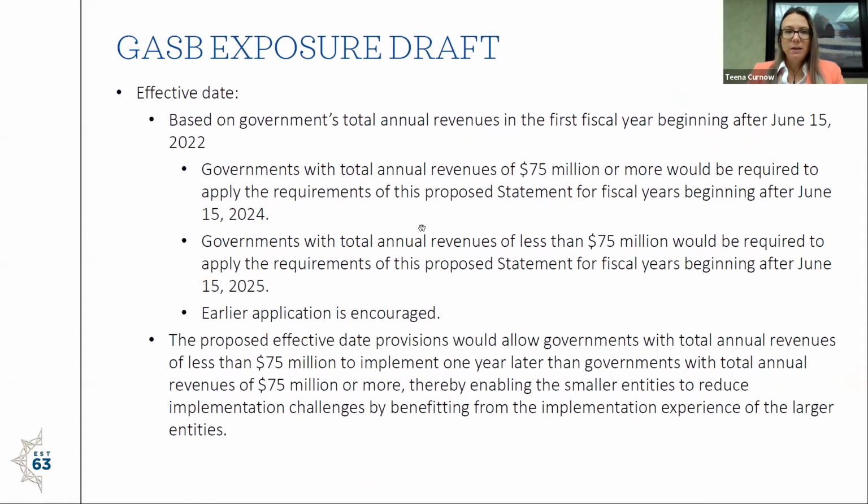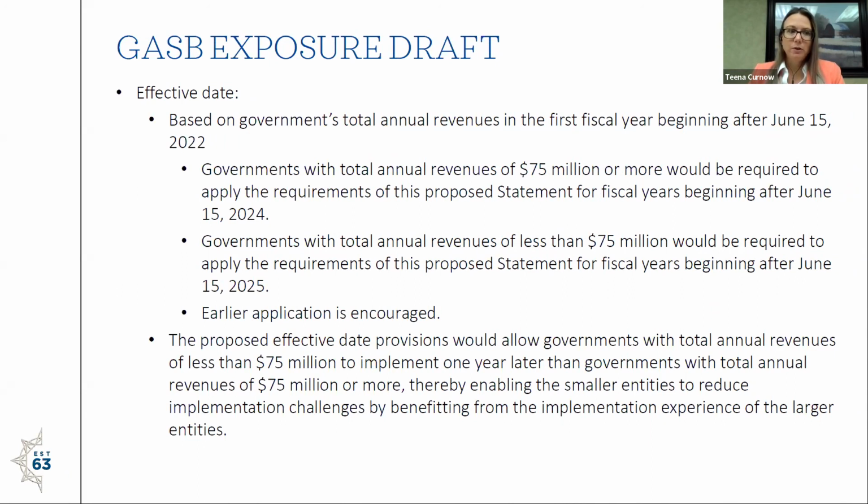The effective date of this standard is based on the government's total annual revenues in the first fiscal year beginning after June 15, 2022. So a little different than what we normally see for GASB standards, where there's a specific implementation date for everyone, and then they just say earlier application is encouraged.